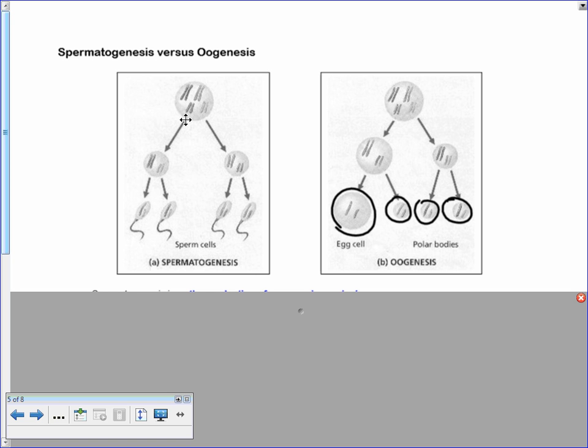It's made daily. Sperm has about a lifespan, a shelf life of about 48 to 72 hours. If the sperm is not used in about a 48 to 72 hour period, it will be broken down and reabsorbed and replaced with new sperm. After about 72 hours, the sperm tend to go a little bit defective.